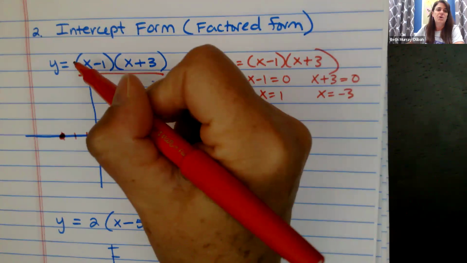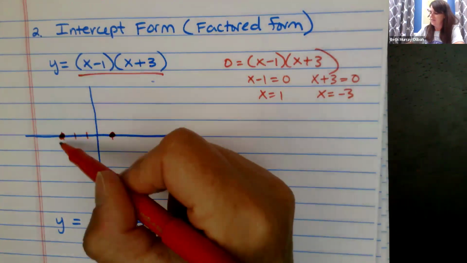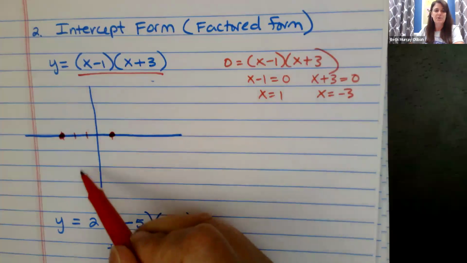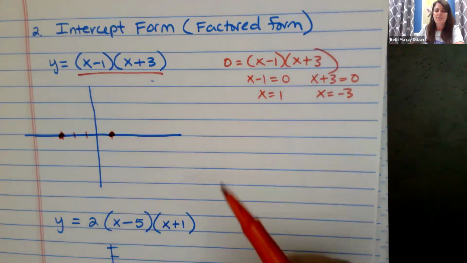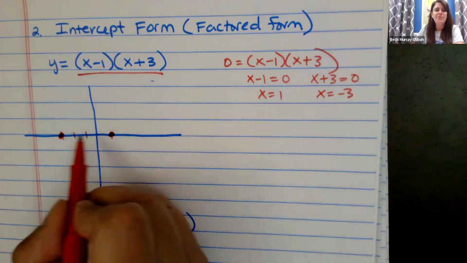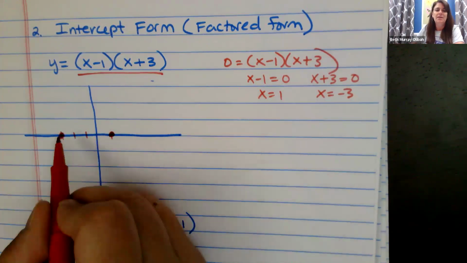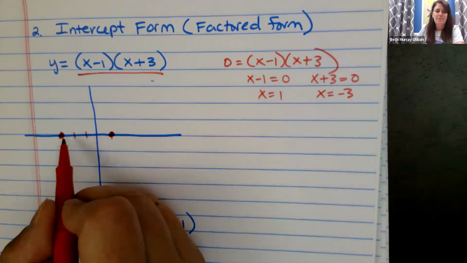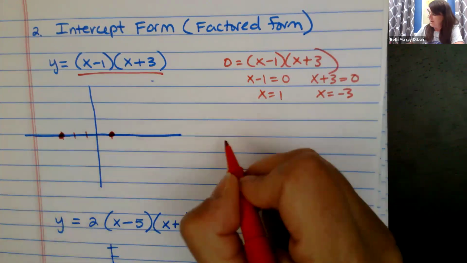Now, because there's no negative in front, we know that this is a parabola that opens up. So our vertex must be somewhere down here. The vertex will always be halfway in between these two intercepts. So halfway in between -3 and 1 would be -1.